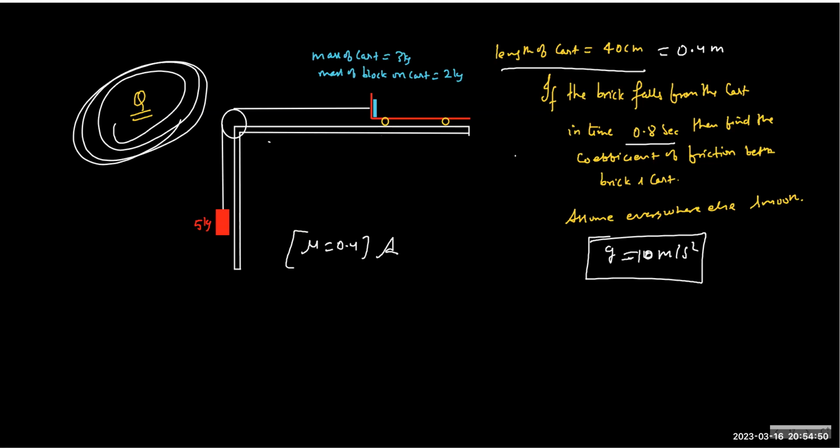That's the right answer. Actually, one thing I was missing over here was the length of the cart, but then I saw you had written it down. This is correct. So that's why we don't need to use that, right? We don't need to find out individual acceleration. No, you did the same thing. You have to find out the individual acceleration.